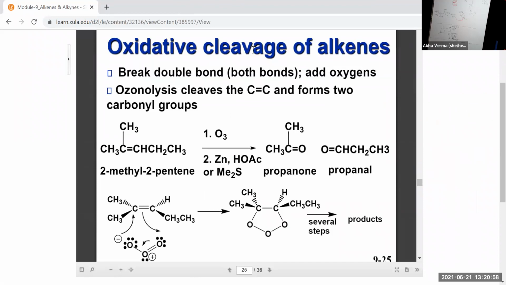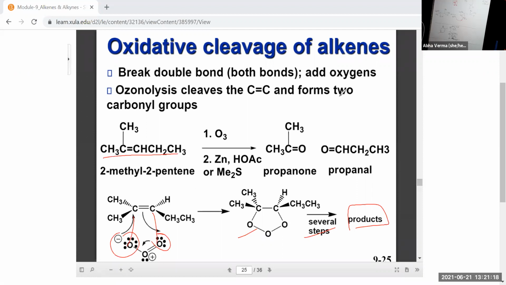The oxygens from the ozone will be attaching themselves across the carbon-carbon double bond. Okay, and they form an intermediate, and several steps later, you will get the product. But what is it that you should do?